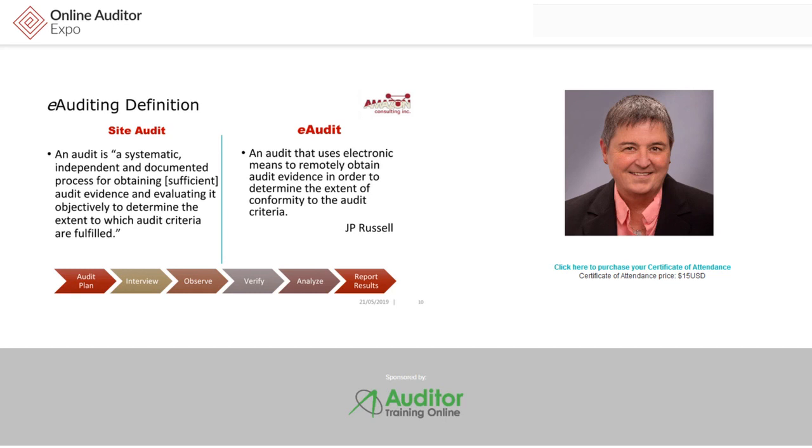So a virtual audit or e-audit is the very same as that. So our face-to-face and our e-audits are following the same foundation. The only difference with an e-audit is that it uses electronic means to remotely obtain audit evidence in order to determine the extent of the conformity to the audit criteria.